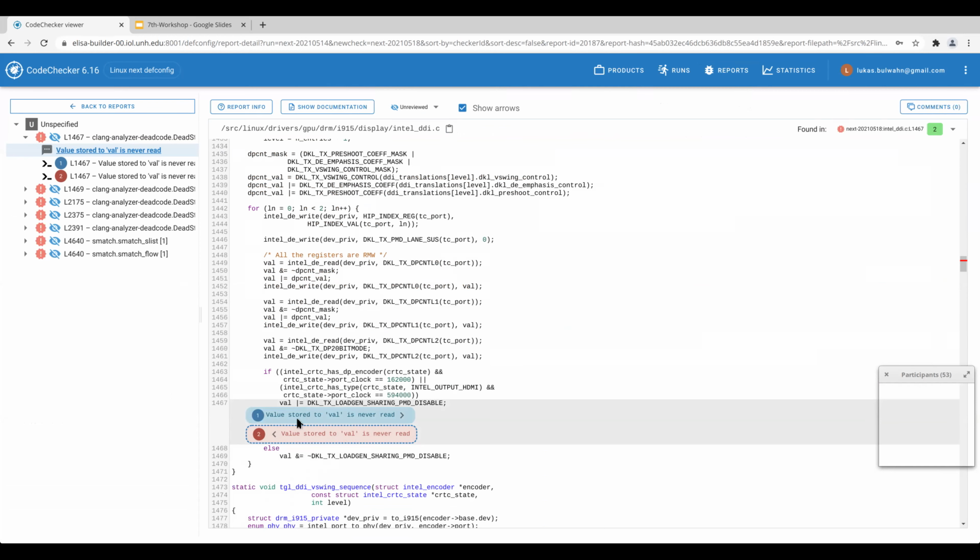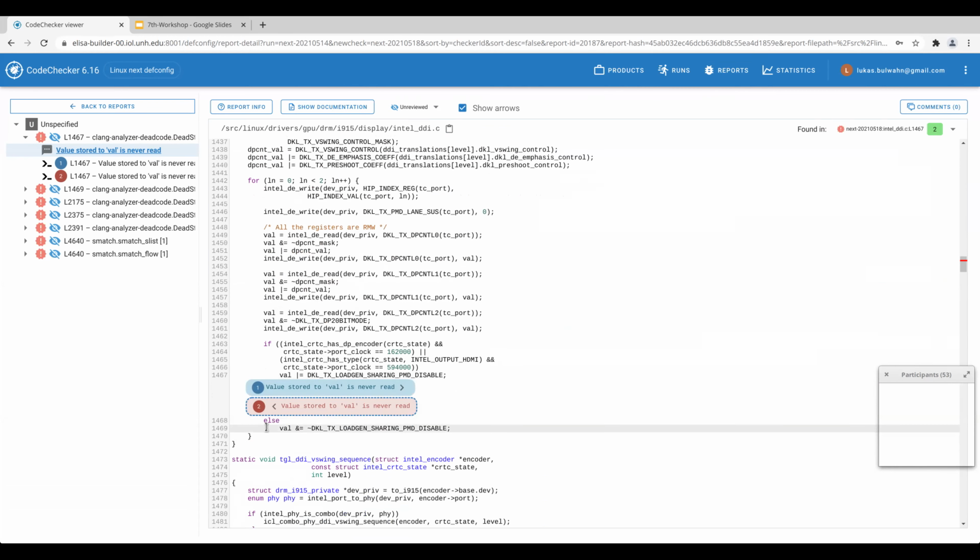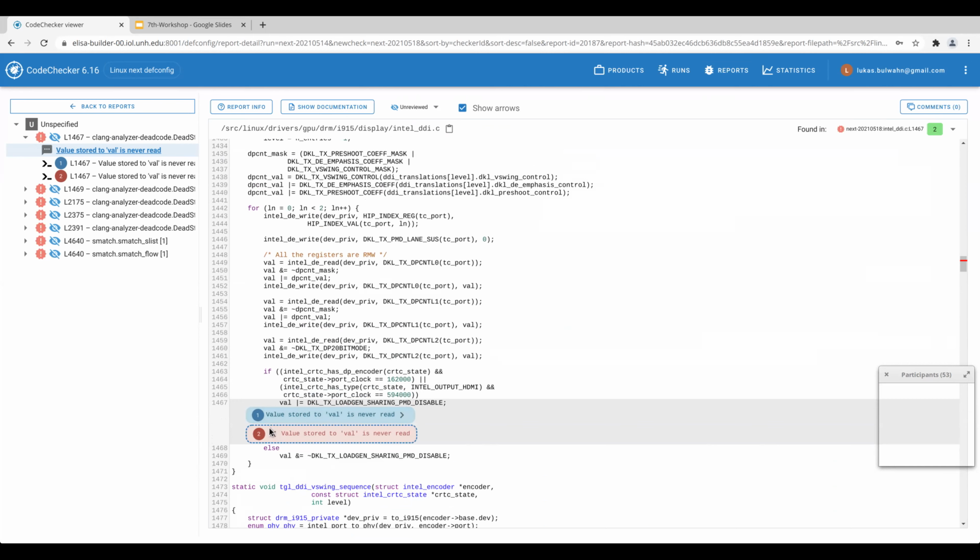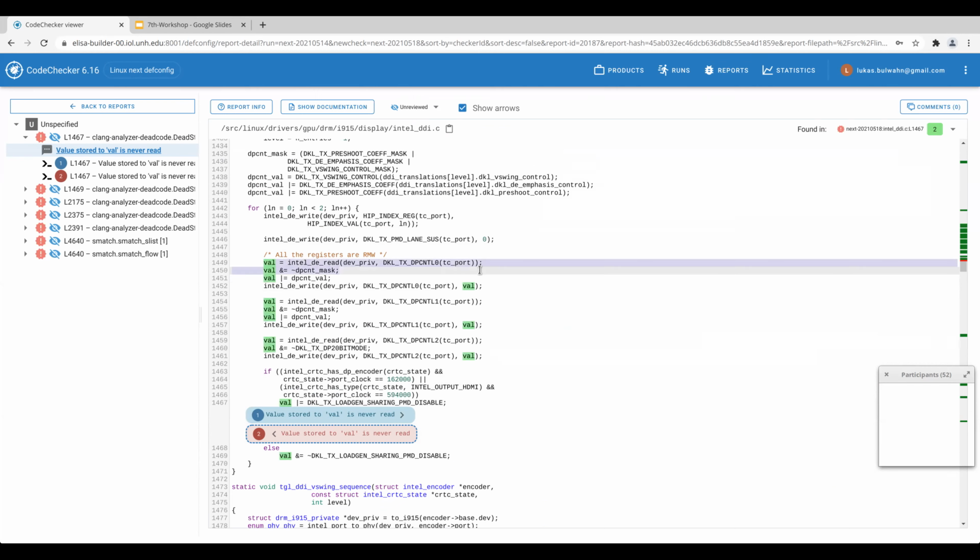what is the reason, what is analyzed here, and what's going on here. And again, it seems that this tool identified that the storage of this value here is pointless because it's overwritten here, and it's never read at the end of this loop.